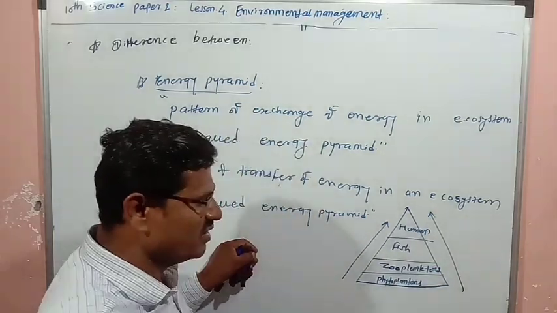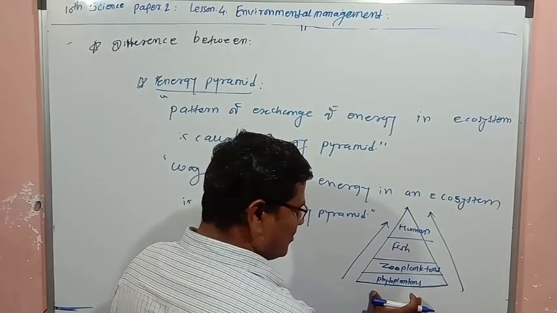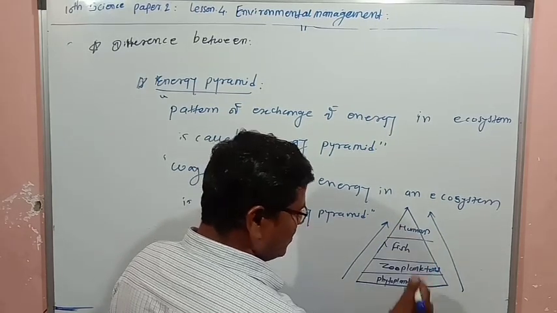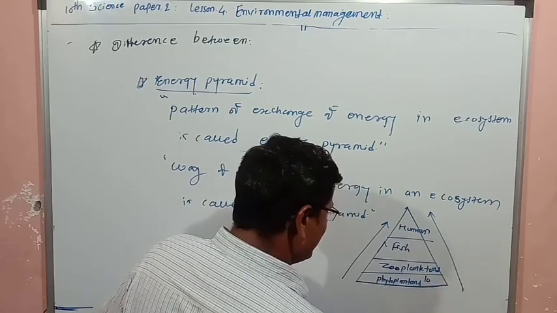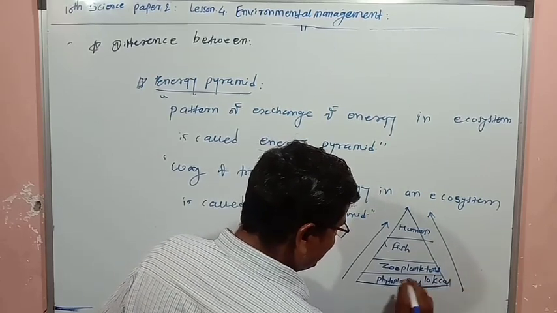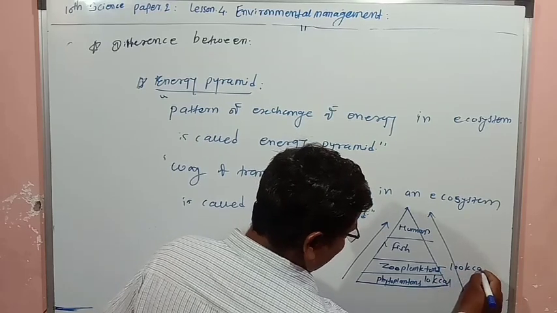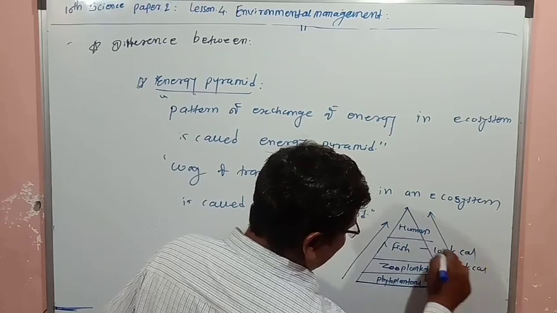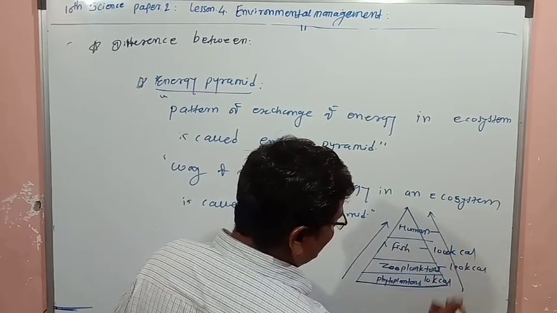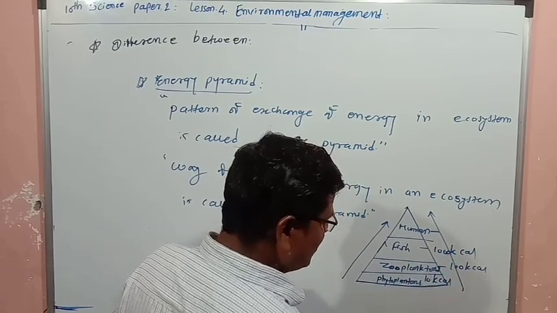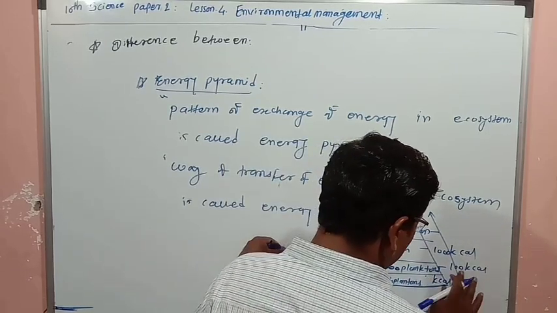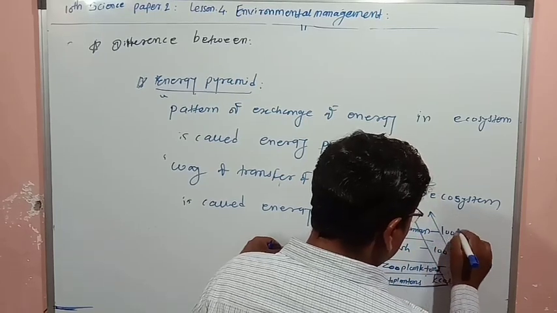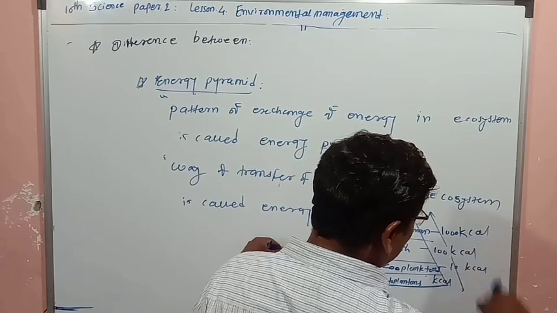But how is that energy transferred? Here more energy is there. As you go up in the pyramid, energy level goes on decreasing. Suppose here 10 kilocalorie, then 100 kilocalorie, and here 1000 kilocalorie.